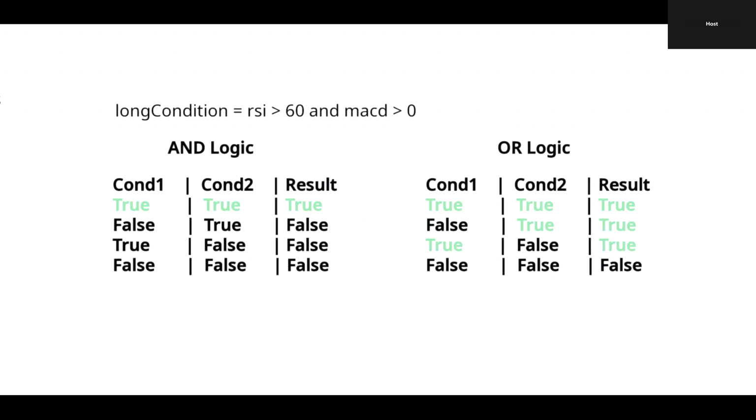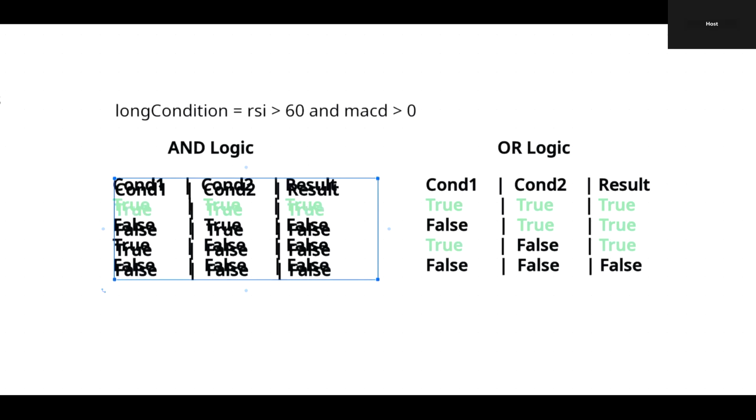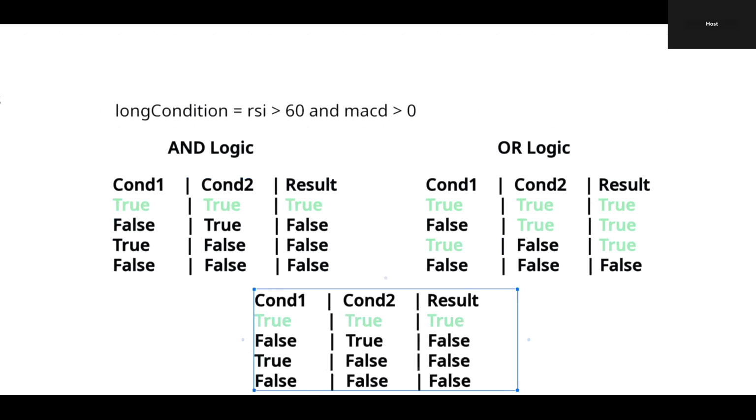The NOT logic is going to be pretty simple and straightforward as well. The NOT logic goes like this. We have only one condition here; we're not going to have multiple conditions.